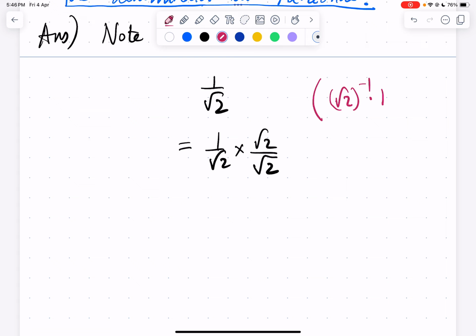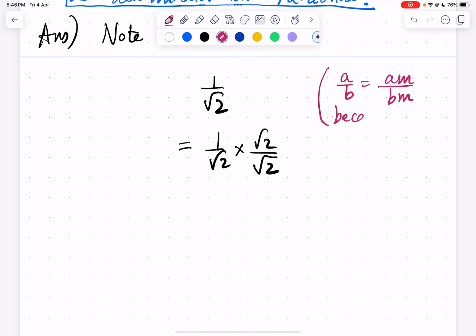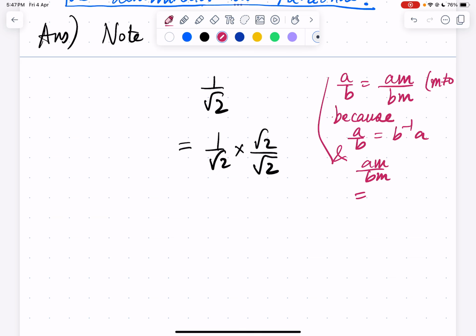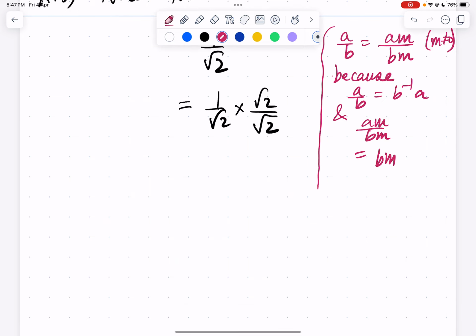So we are just writing a by b equals am by bm, because a by b is b inverse a, and am by bm, for m not equal to 0, is by definition bm inverse am.